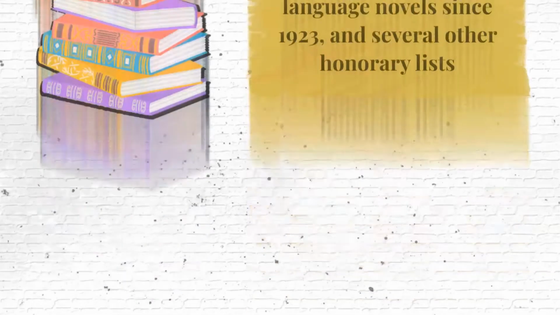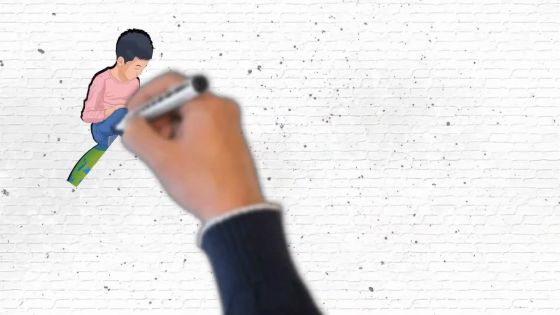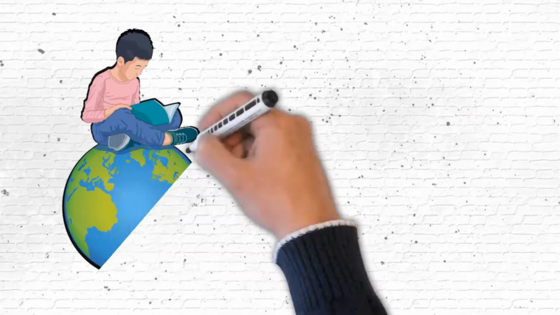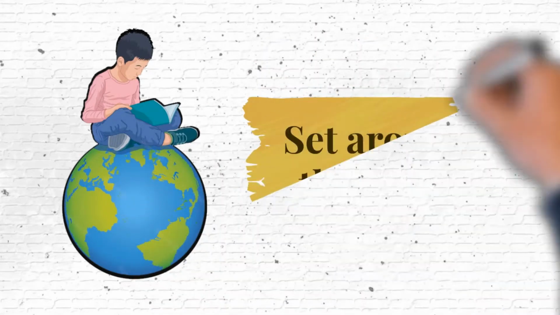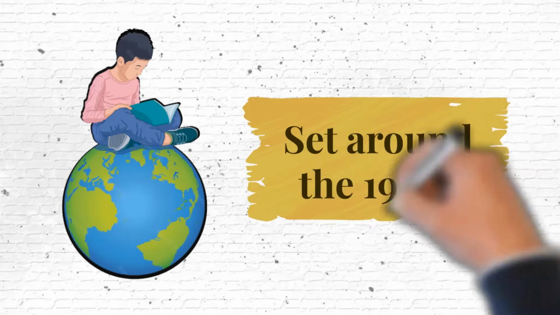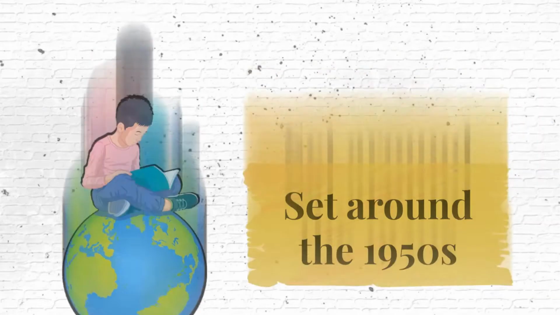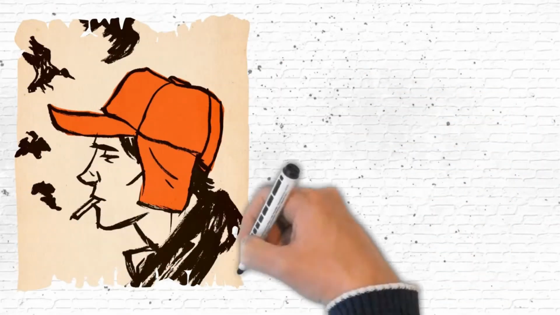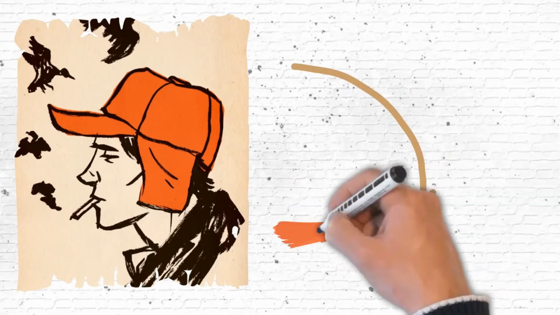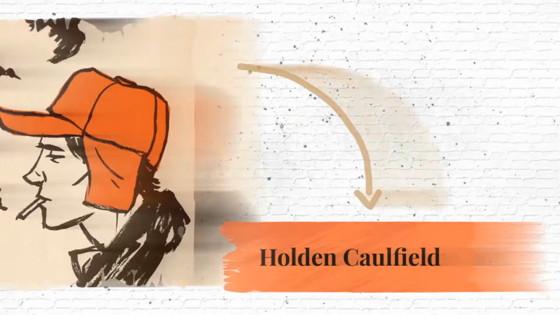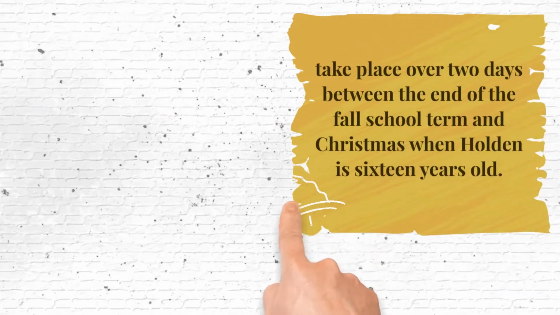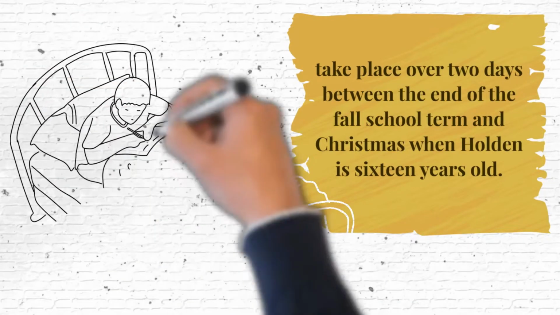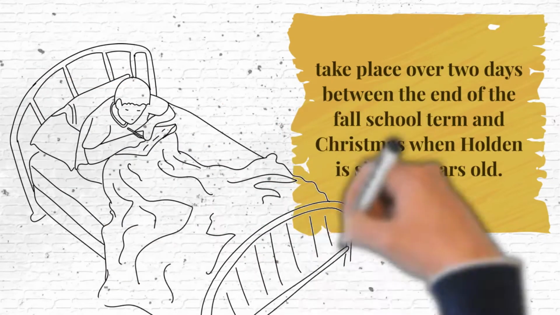The book revolves around the themes of teenage angst, rebellion, alienation, and is a critique of superficiality in society. Set around the 1950s, the book is narrated by 17-year-old narrator and protagonist Holden Caulfield. Although Holden is not specific about his location while telling the story, he makes it clear that he is undergoing treatment in a mental hospital or a sanatorium.